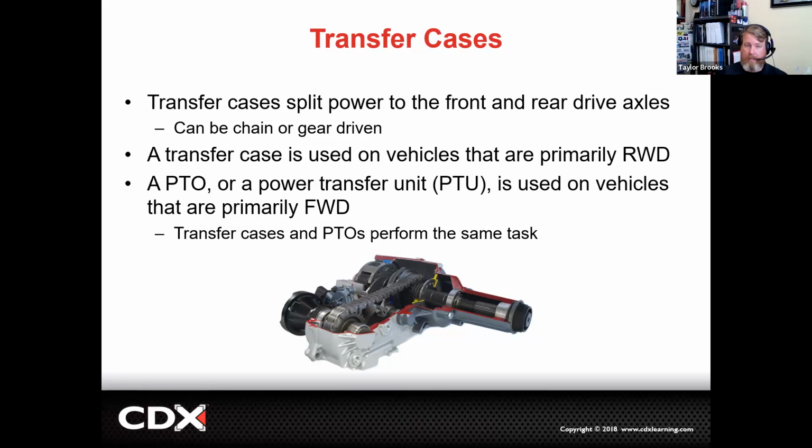It is going to be a device that will not have any mechanical controls and also will not have a low range. We'll talk about that in 2 or 3 slides. But our transfer case for a four-wheel drive system is not only going to have a low range gear set in it, but it will also be able to transfer the power, the torque, to the front and to the rear of the vehicle.